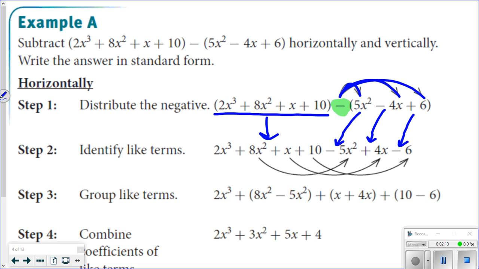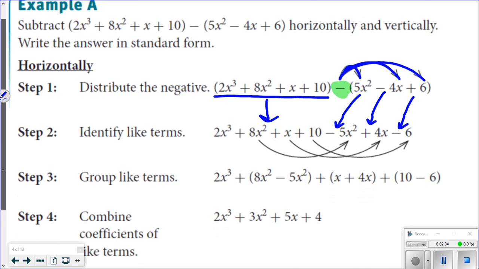So again, we rewrite the first polynomial and the first set of parentheses exactly how it is. In my second polynomial, I'm distributing the negative. So distribute means to multiply, which changes all of your signs in your second polynomial, the second set of parentheses.